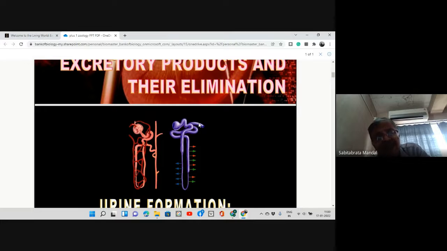Many other substances are secreted into the dilute urine which is passing through the renal tubule. Then in the urine it is added, so plus C. So urine is equal to A minus B plus C.